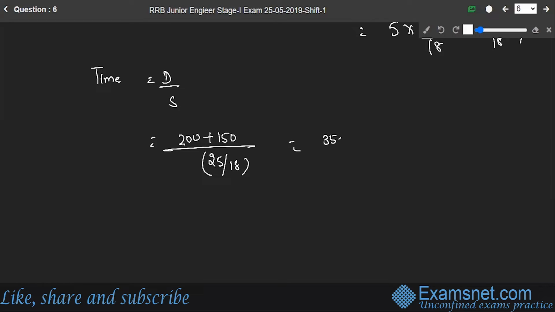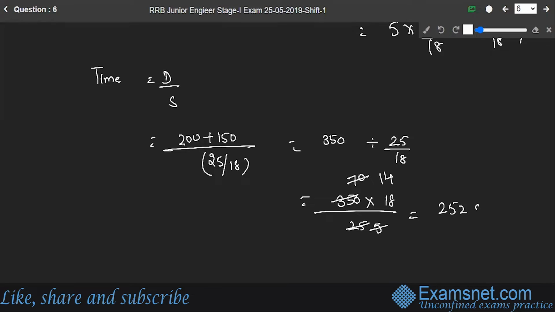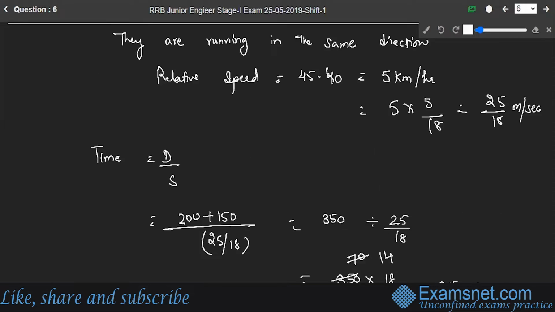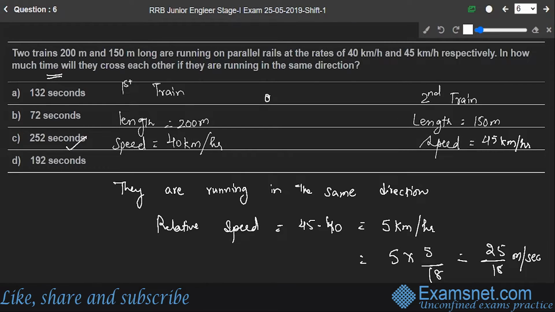So this is 350 divided by 25 upon 18. 350 multiplied by 18 divided by 25 gives me 70 upon 5, which is 14. So this is 14 into 18, which will give you 252 seconds. That makes option C the right answer. Hope you got that. Let's move to the next question then.